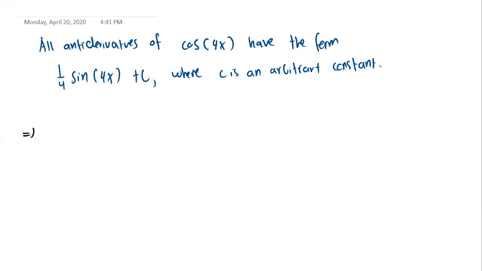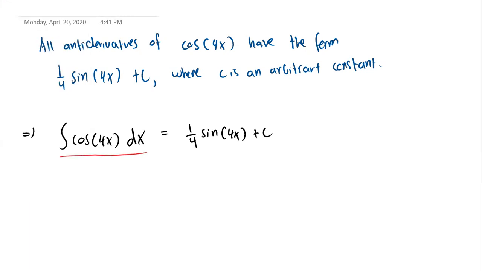This is the integral, and this is how you want to read it: the integral of cosine 4x dx equals 1/4 sine 4x plus c. And again, this here means all antiderivatives of cosine 4x on some interval. So instead of writing all that, we can just say, we're trying to find all antiderivatives of cosine 4x, just put it inside this notation. So put cosine 4x as the integrand, and that's it. You see that we simplified the notation.